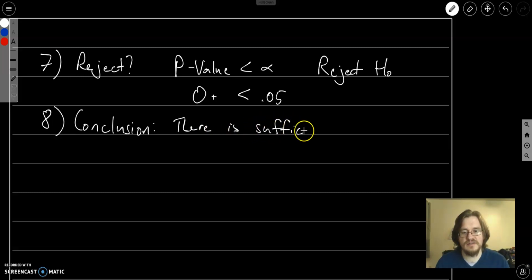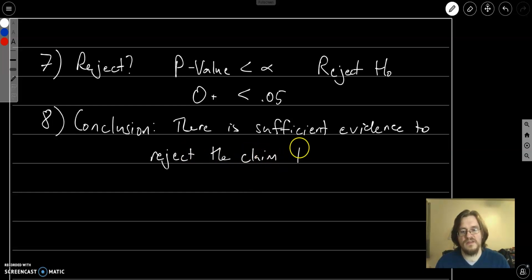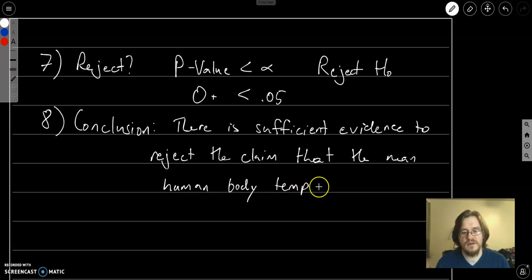sufficient evidence to reject the claim that the mean human body temperature is 98.6 degrees Fahrenheit.